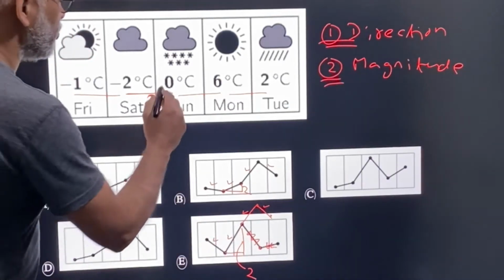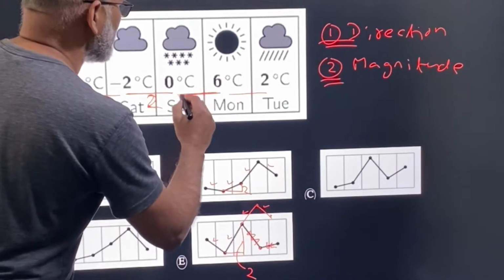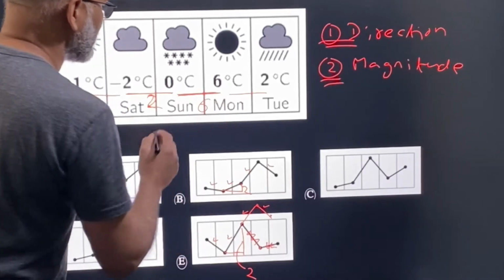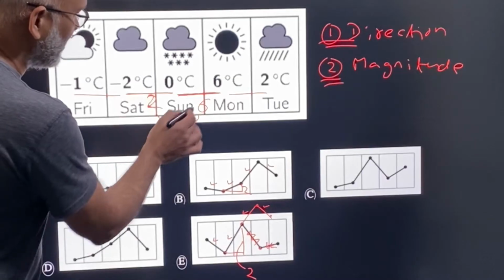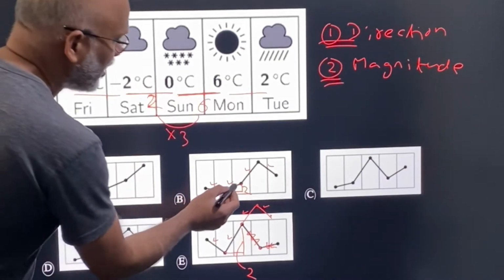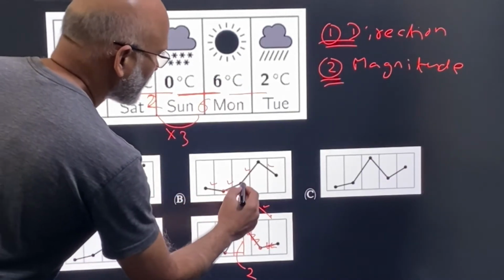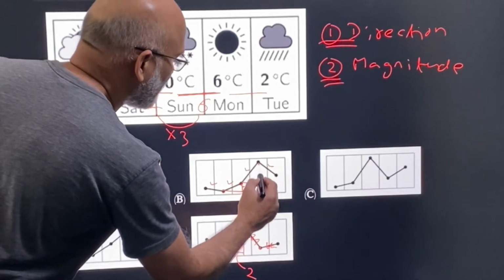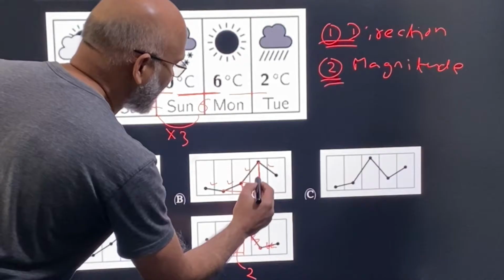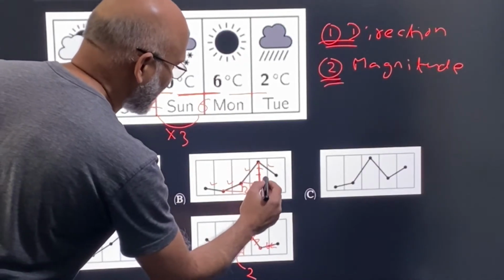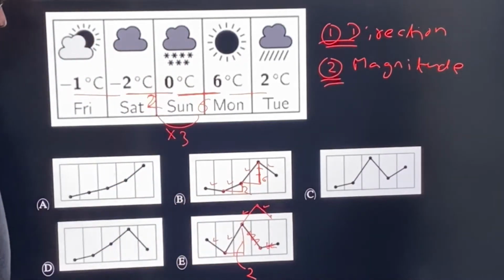Now, if that height is 2, next we are going from 0 to 6, so this is a difference of 6. So this is basically 3 times whatever this height is. This height needs to be 3 times, right? So if this is 2, if I go from here to here, as you can see, this height is roughly 3 times this height, right? Roughly 3 times this height, so this looks like that can be 6.